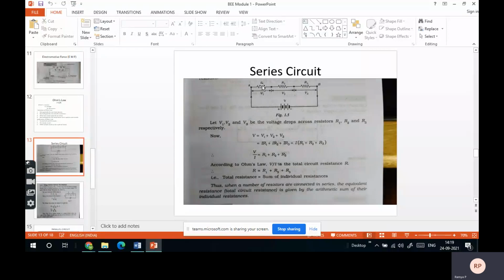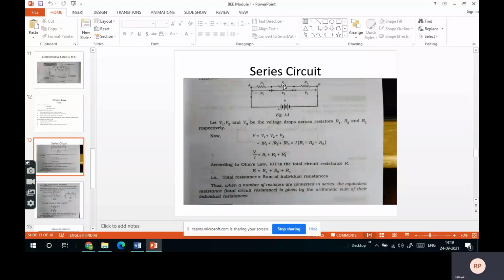When it comes to the resistor, what is the job of the resistor? The resistor opposes the flow of charges, which is the flow of current. So this resistor has its own value which opposes the current, and similarly the others oppose. When it opposes the current, obviously the current into its resistance value gives a voltage drop. So the voltage V1 will be different.